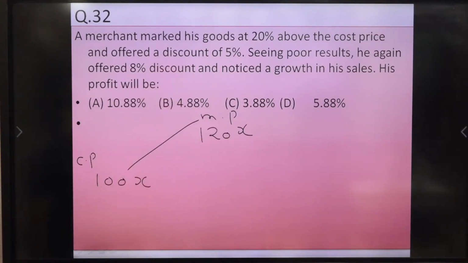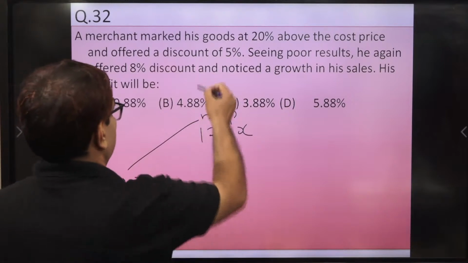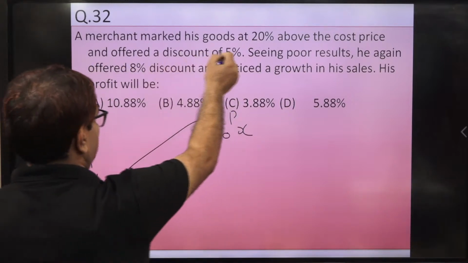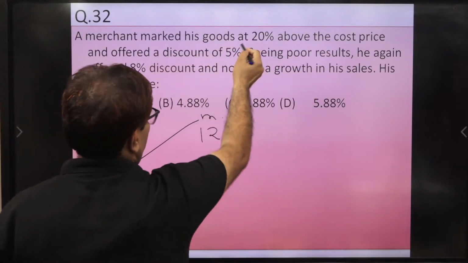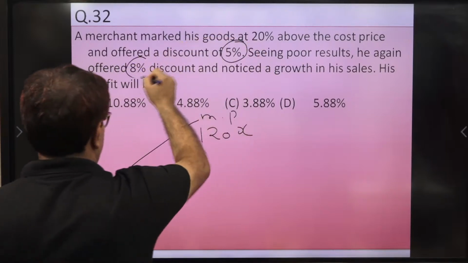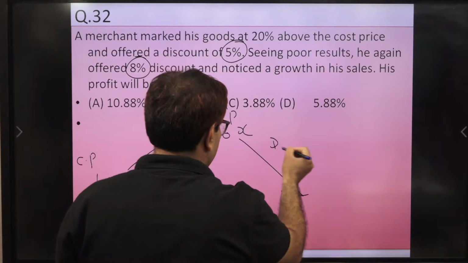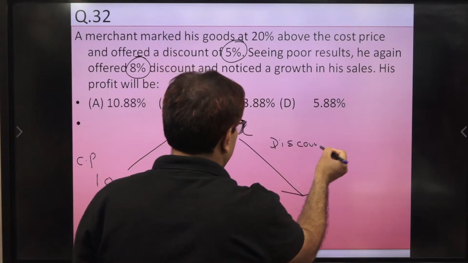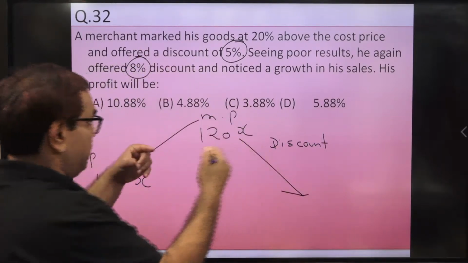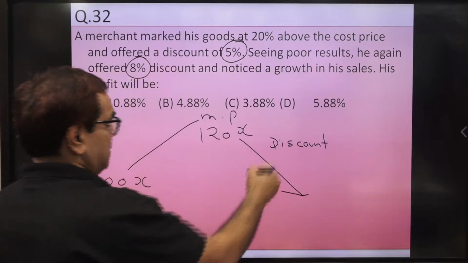Now this merchant is giving two successive discounts of 5% and 8% on this mark price. So what is the single equivalent discount of 5% and 8%?